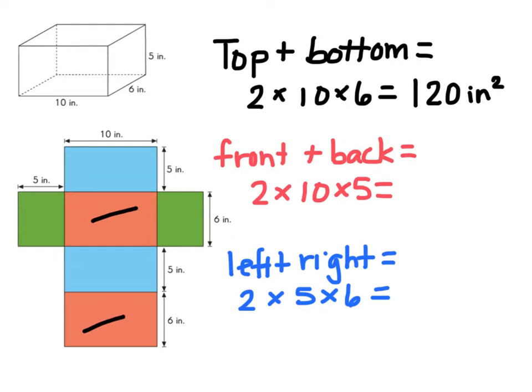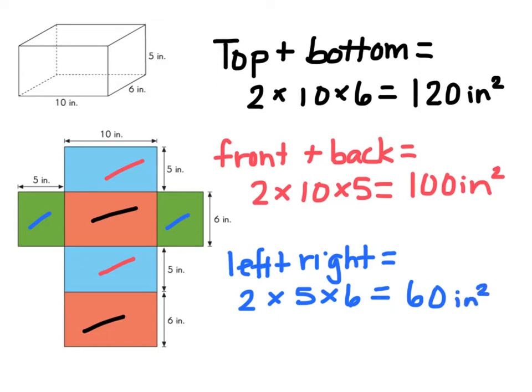Next, let's calculate the area of the front and the back. 2 times 10 is 20, times 5 is 100. So these 2 faces equal 100 inches squared. Finally, the left and the right, 2 times 5 is 10, times 6 is 60. So these 2 surfaces equal 60 inches squared.